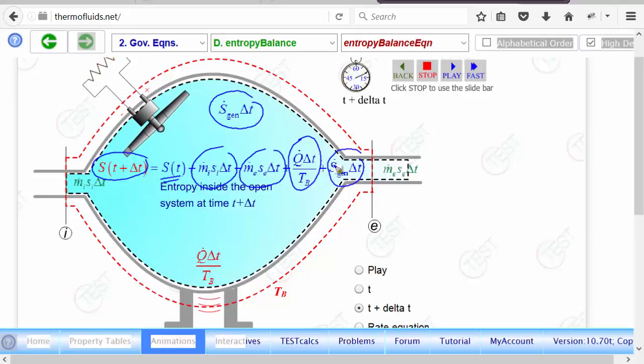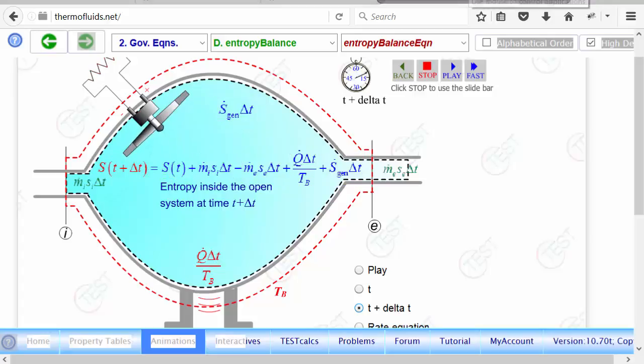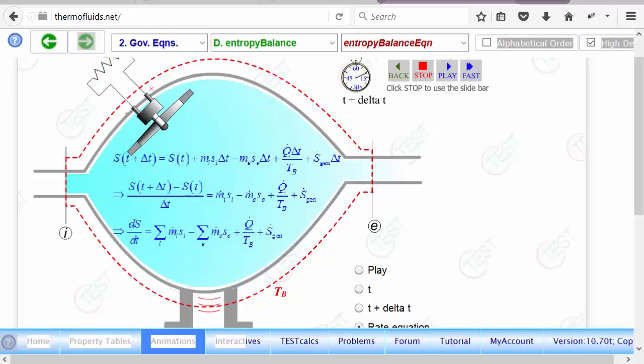But the entropy balance equation therefore reduces to, if I go to the rate equation, we do the same thing we did for the mass and energy equation: change the sides, divide by delta t, take the limit, and what we get is the final entropy balance equation, which states that the rate of change of entropy of a system, the unsteady term of the entropy balance equation, is given by the transport terms, the entropy that is coming in here, minus what is going out there, summed over all the inlets and exits.